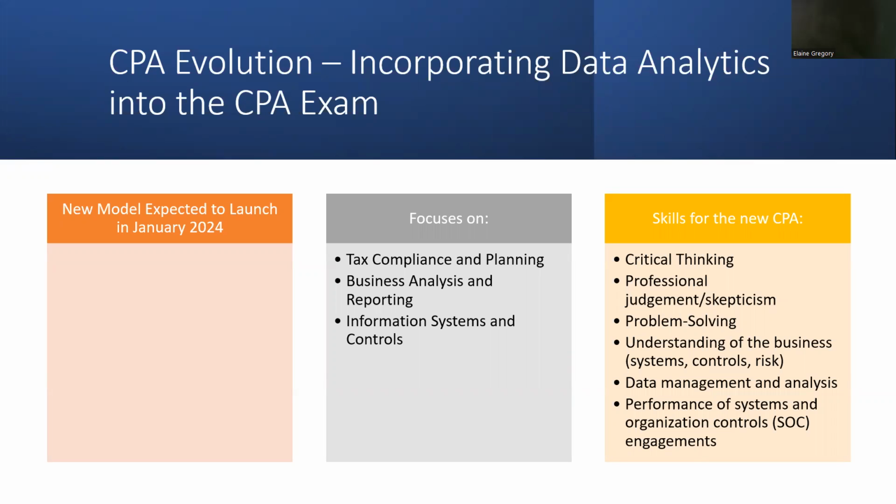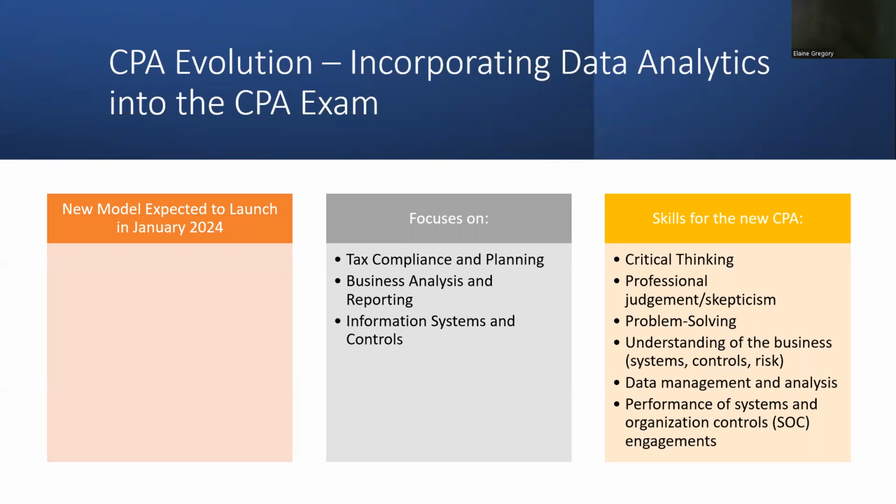Now, skills that the new CPA is expected to have is critical thinking skills, professional judgment and skepticism, and these are all going to be tested now in the CPA exam. Problem solving, understanding business systems, controls, and risks, data management and analysis, ding, ding, ding.